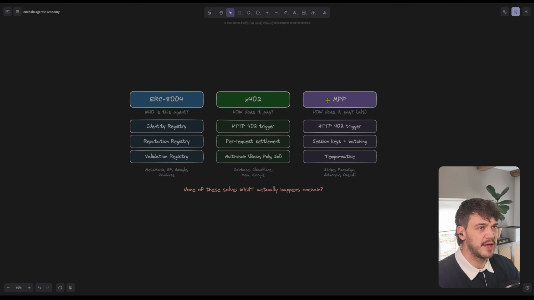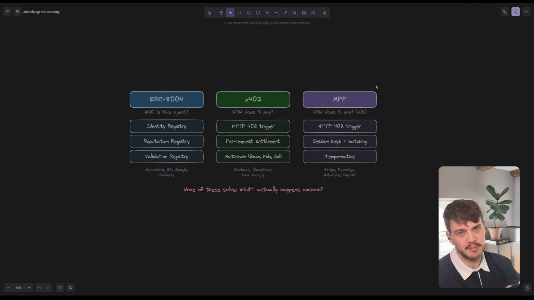Then we have MPP here. MPP just launched recently in March of 2026, and it does the same thing but differently. It also uses HTTP 402 as a trigger, but the payment mechanics diverge a little bit. MPP uses the IETF Payment HTTP Authentication scheme, whereas x402 settles per request on chain.